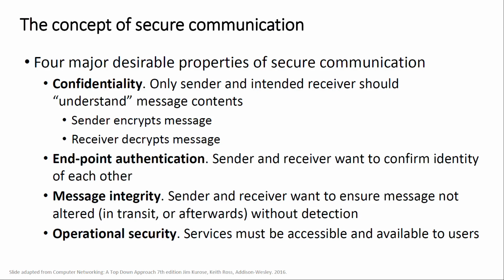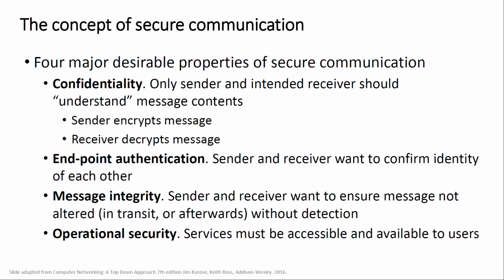Endpoint authentication means the sender and receiver want to confirm the identity of each other. With public key algorithms we can authenticate people. Message integrity means the sender and receiver want to ensure the message is not altered in transit or afterwards without detection.